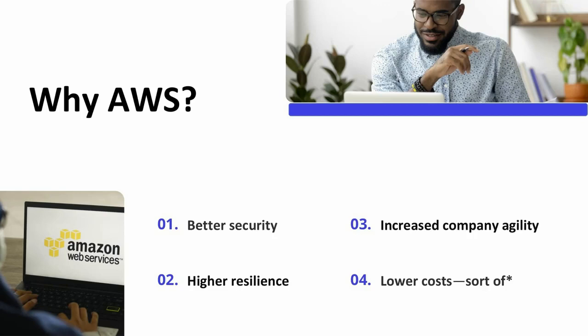Next up is higher resilience. What do I mean by that? Well, a lot of organizations today, in our existing on-premise environment, have resilience built into our workloads. Hey, if this machine switches off, a backup will take over, right?